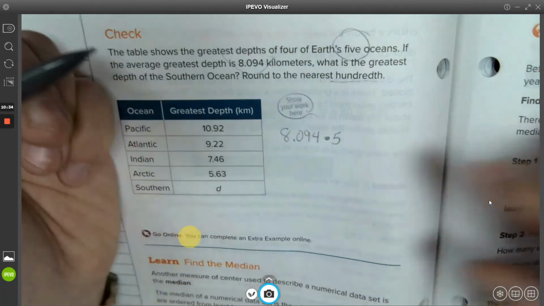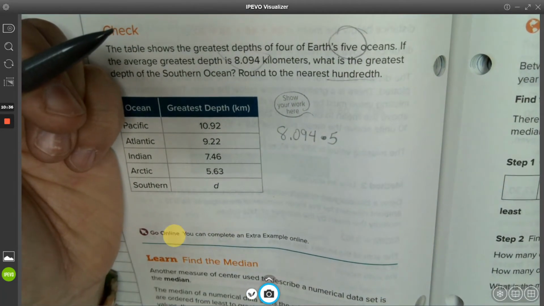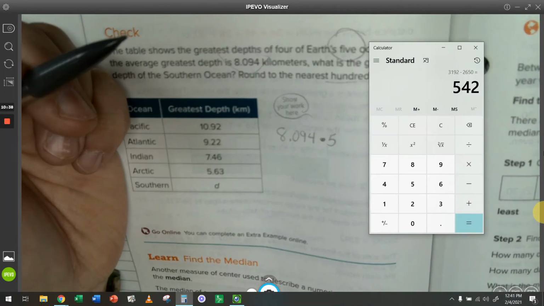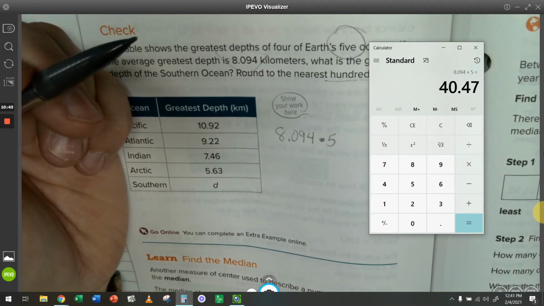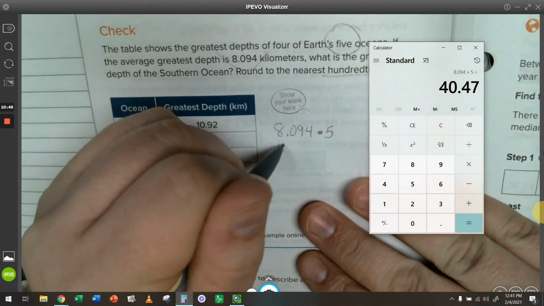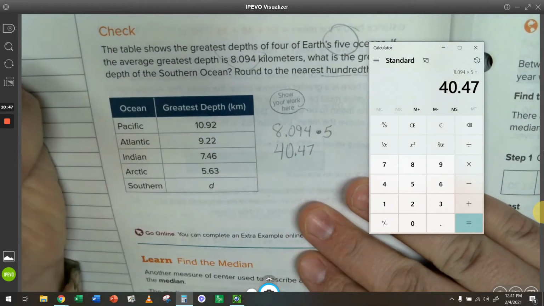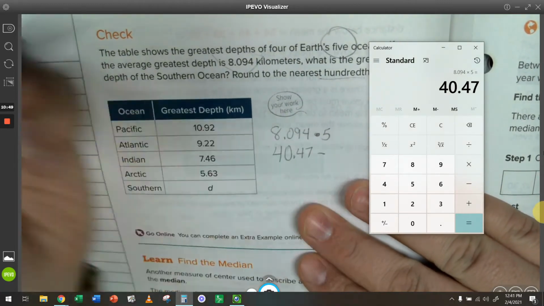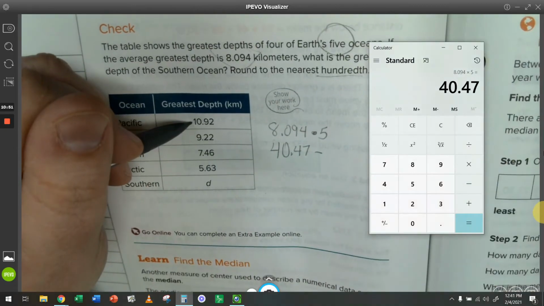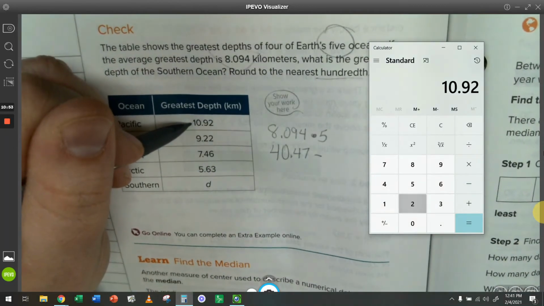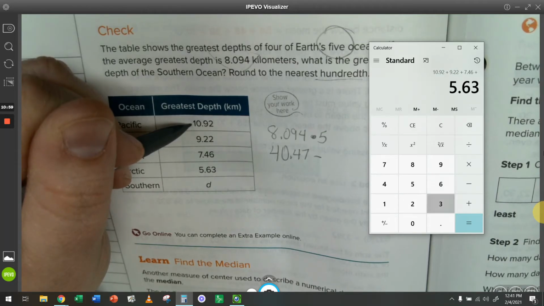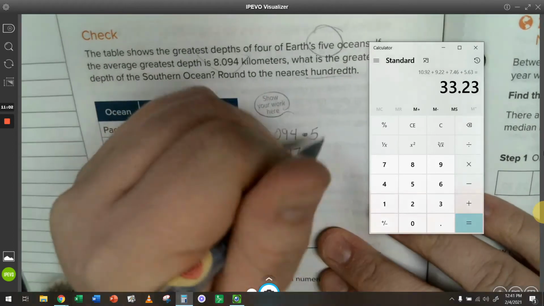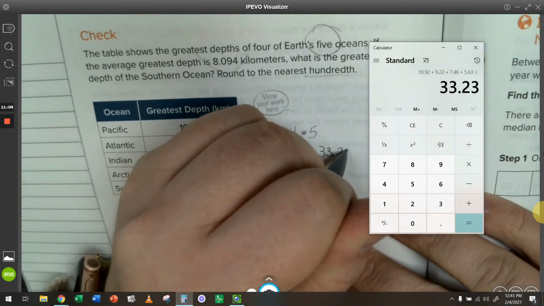Start by taking 8.094 times 5. That's our first step, 8.094 times 5. Okay, here we get 40.47. Now I need to subtract the sum of all of this that I know, 10.92, 9.22, 7.46, 5.63 would be 33.23.